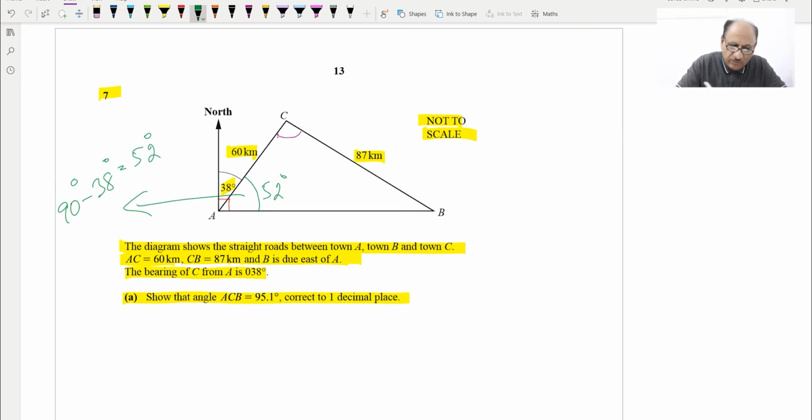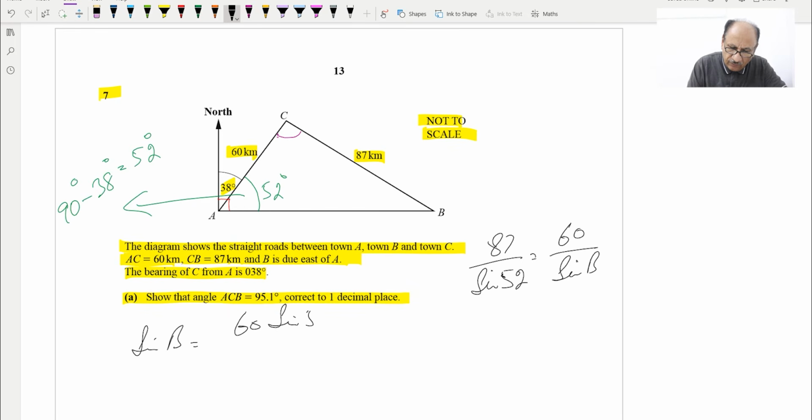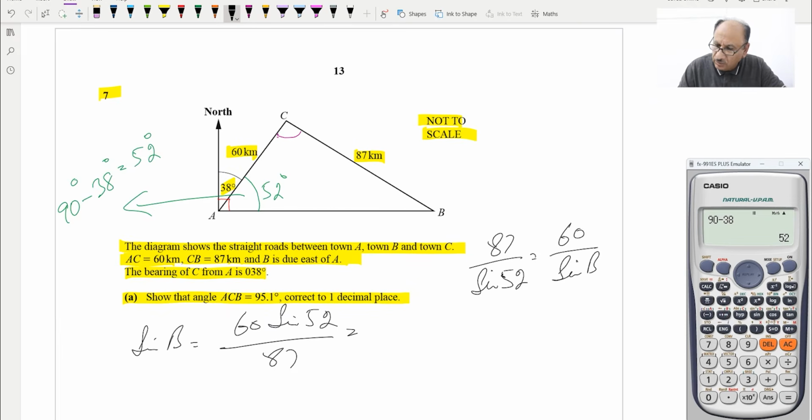So we can write 87 over sine of 52 is equal to 60 over sine of angle B, and this one, sine of B, will be equal to 60 sine of 52 over 87, and this we can calculate.